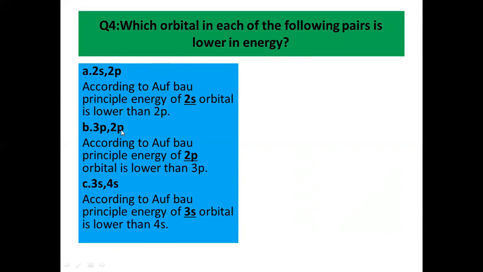The farther the shell is from the nucleus, the more energy it has. So this is farther, this is closer to the nucleus. So the energy of 2p will be lower than 3p. 3s, 4s: again the third shell and the fourth shell. The energy of the third shell is lower than the fourth shell. So 3s is lower in energy according to our principle.